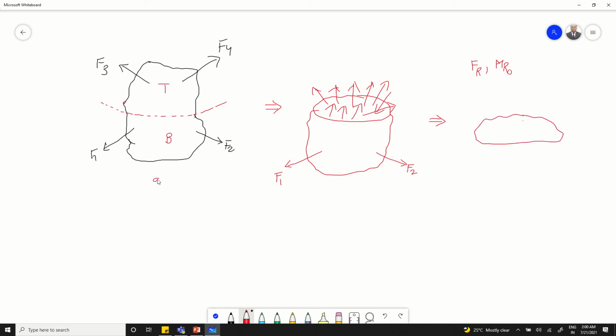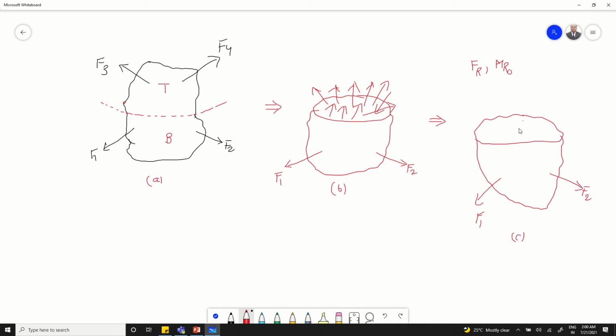So it actually looks like this. Let us say this is figure A, this is B, and this is figure C. Let us say this is F1, this is your F2.